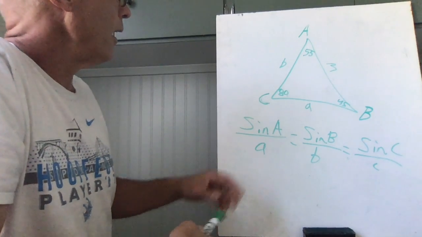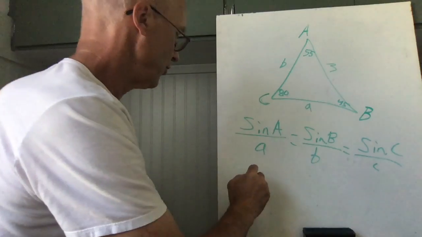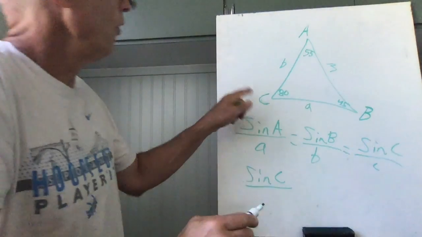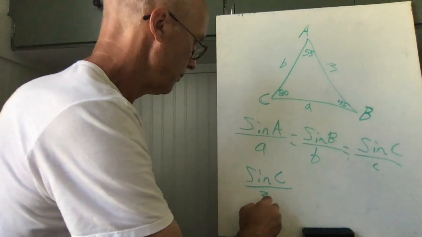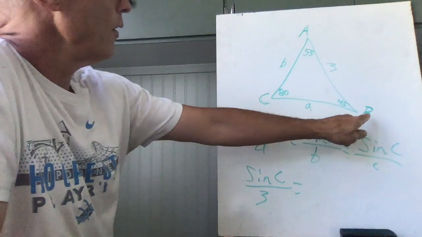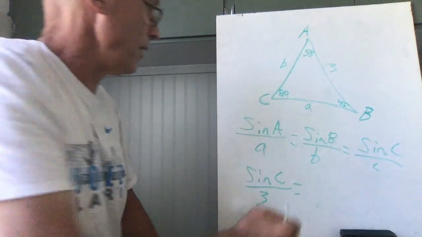So we know the sine of C over 3 is the sine of B over b, right?